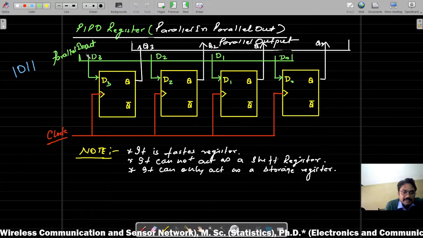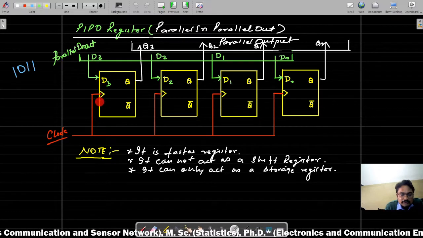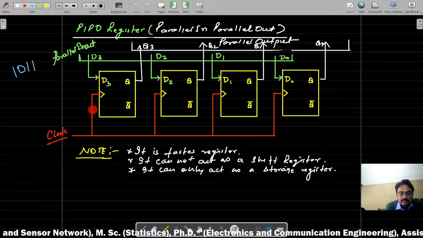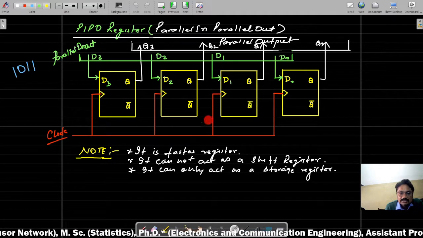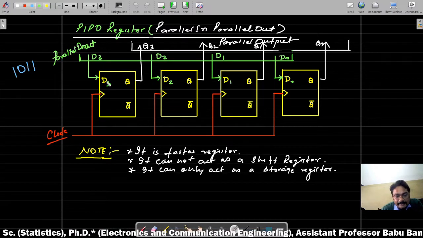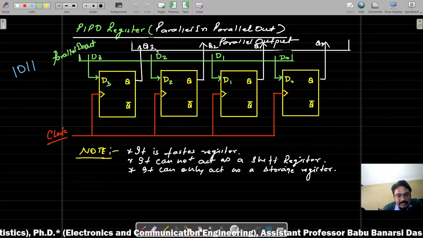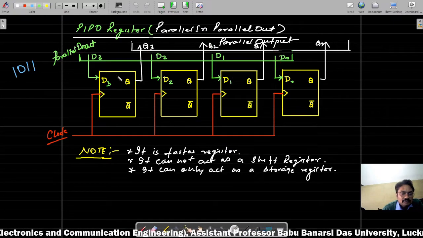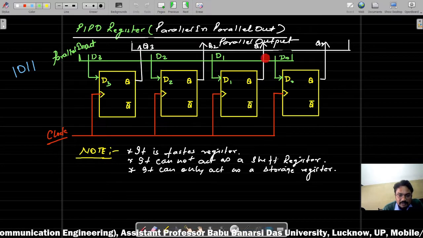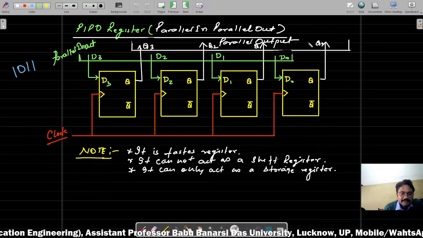You can observe that again we use 4 D flip flops, connected to a common clock pulse to follow the synchronous system design constraint. Data is input to the individual flip flops through their input terminals, and at their output terminals you can extract the output at the same time.